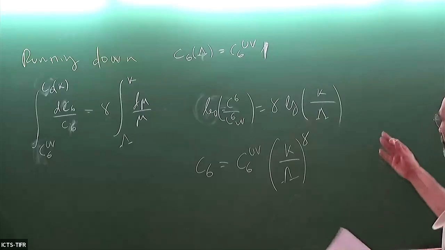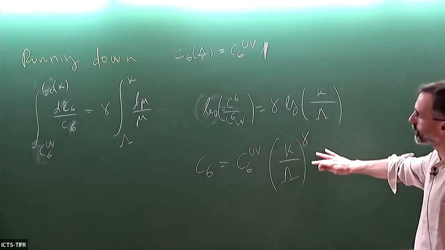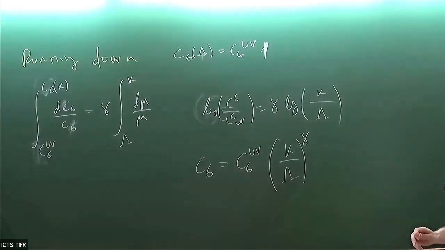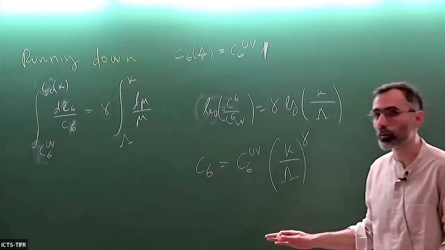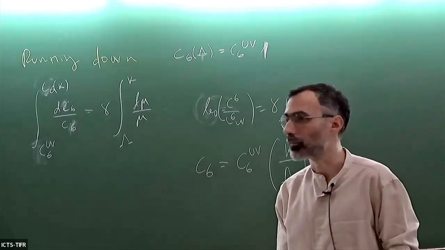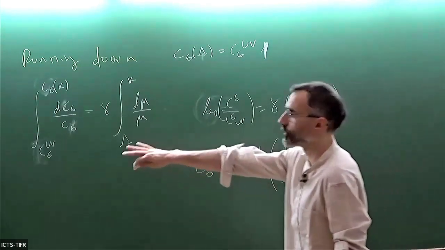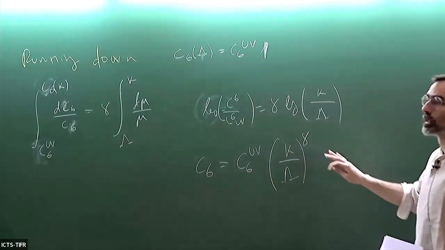Alrighty, and so what I've managed to do with this, solving this differential equation, is connect the UV and the IR, meaning some K in there. And this is now not approximated to one loop.